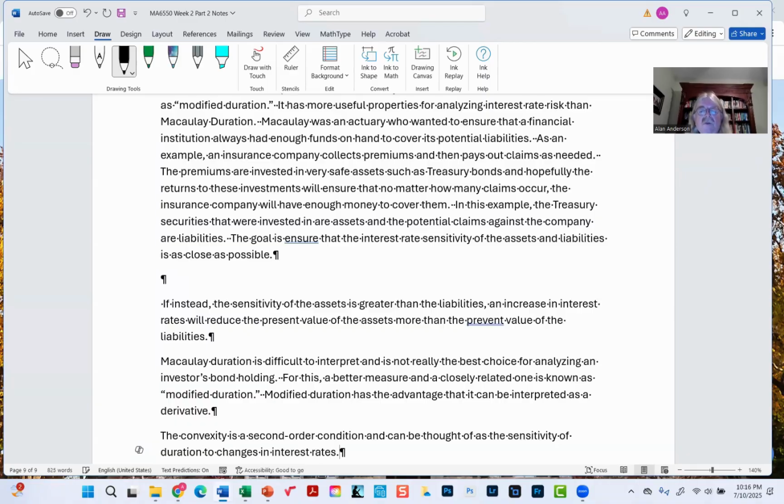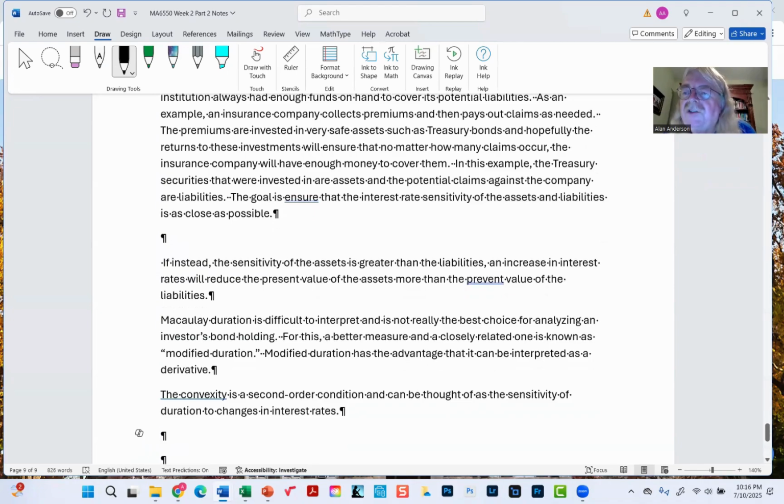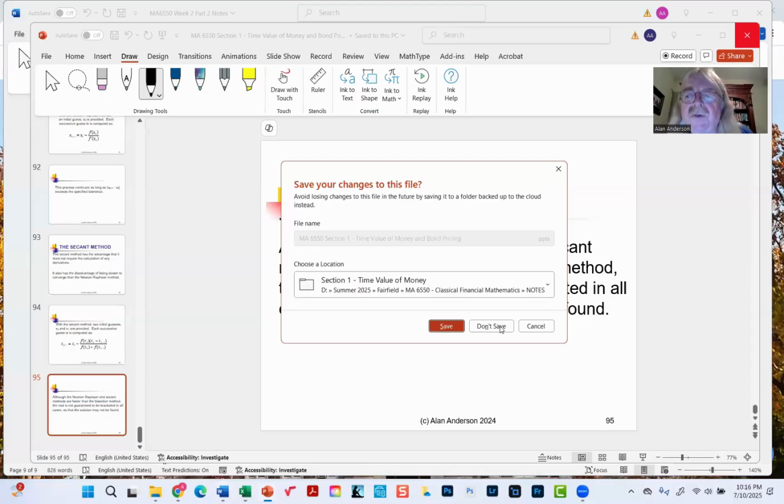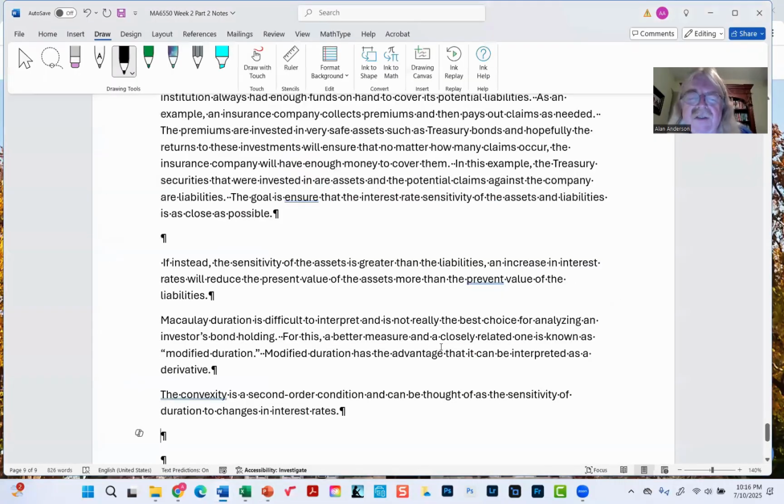In other words, the duration itself is affected by changes in interest rates. It's not a constant. So it's often important to be able to incorporate both duration and convexity in our measures. And a lot of this is going to sound very abstract until we actually do some examples. When we do start using examples, we're going to have to do these in Excel because otherwise it'll take forever.